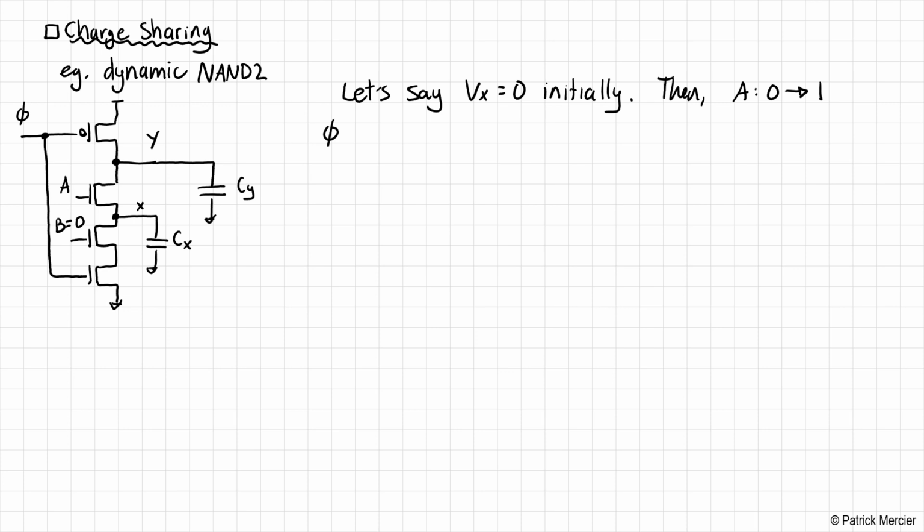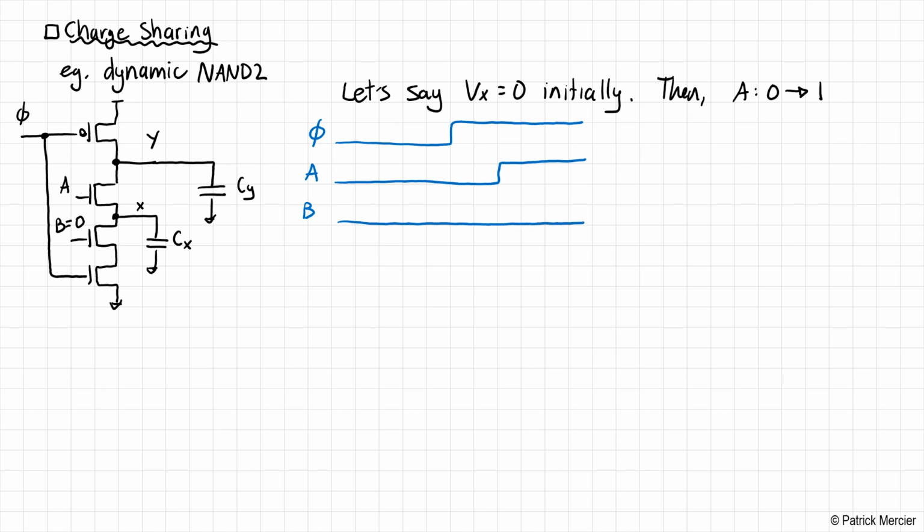So let's say we have phi here. Let me do my timing diagram in a different color. Phi, let's say, goes like this. Okay, and A, we say, goes 0 to 1, somewhere over here. B, we've said, is just 0 all the time. Hasn't changed.